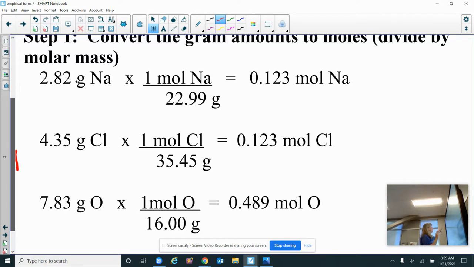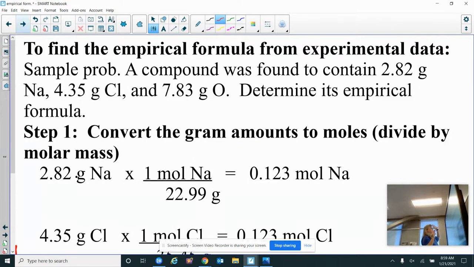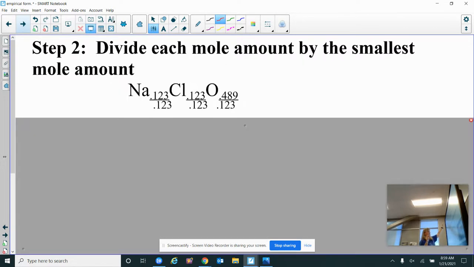Okay, step 2 is then divide each one by the smallest number. Looking at those numbers that we just had, 0.123, 0.123, and 0.489, the smallest is 0.123, two of them match. So divide each one of those mole amounts by 0.123, okay?